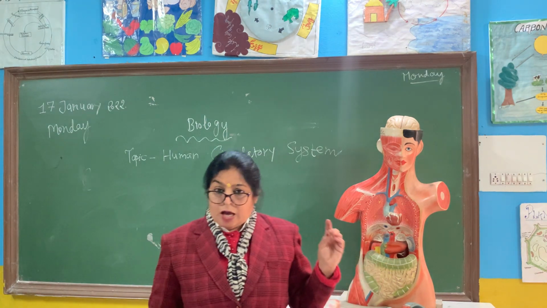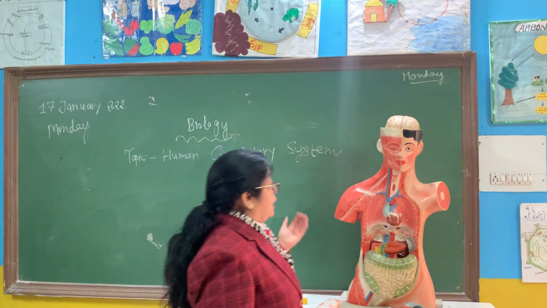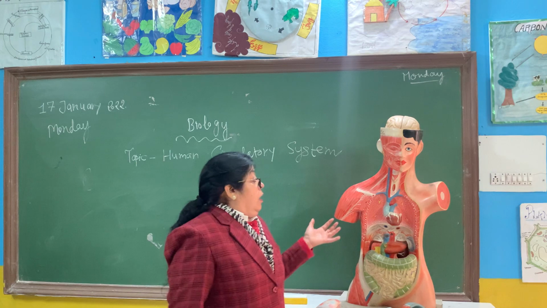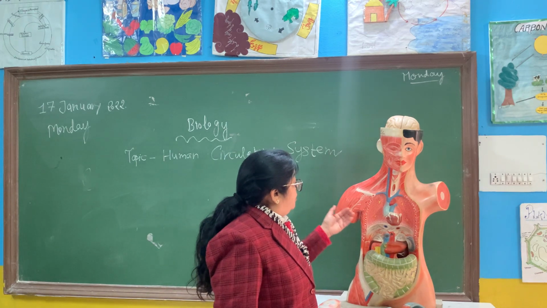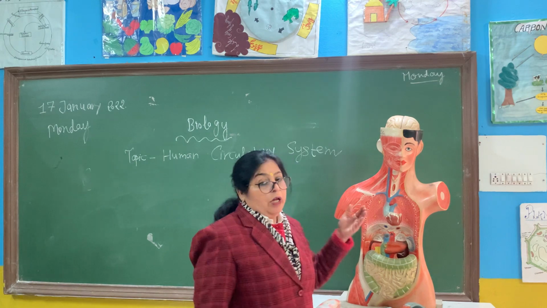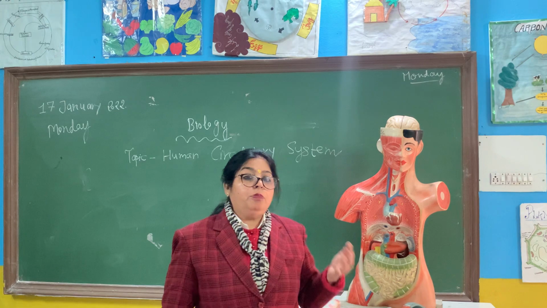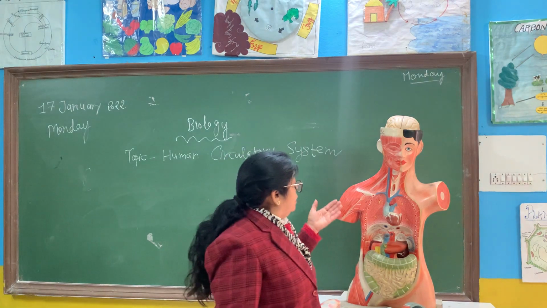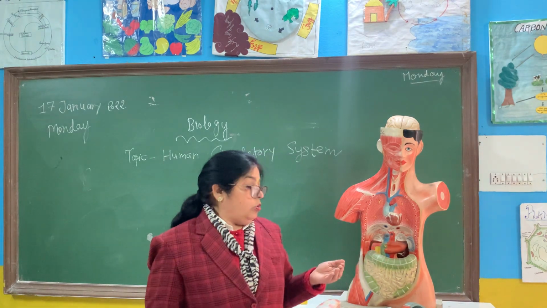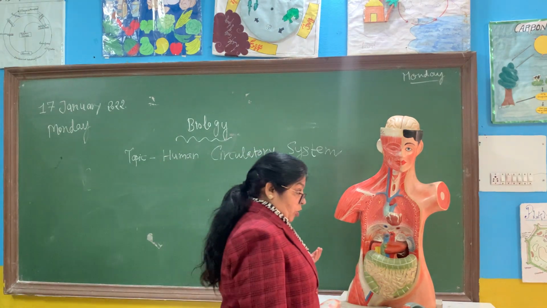One is the RBCs, second is the WBCs, and third is the platelets. The color of the RBC or erythrocyte is red due to the iron or hemoglobin pigment. And WBCs, you all know, are known as the soldiers of our body.